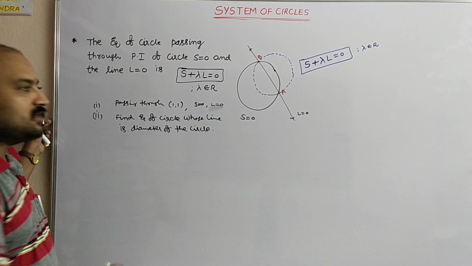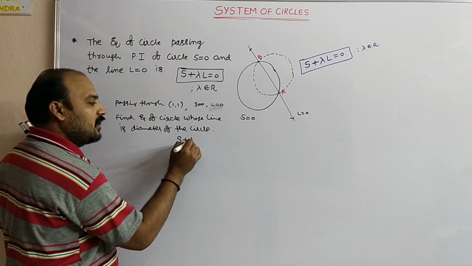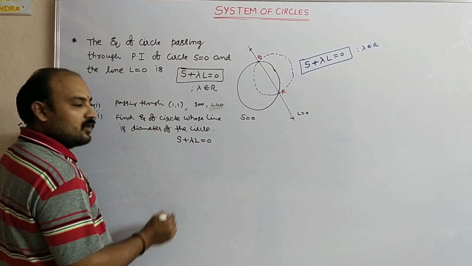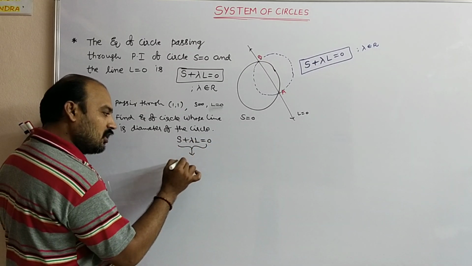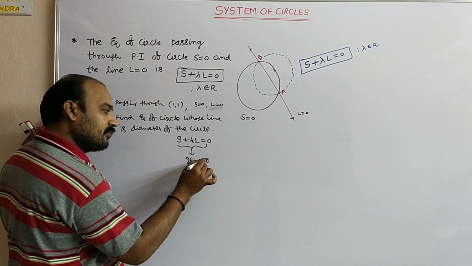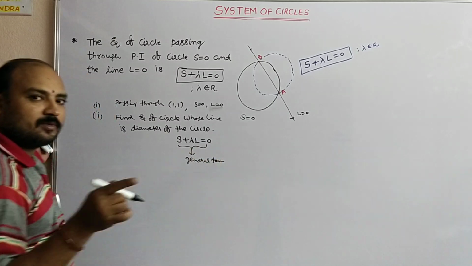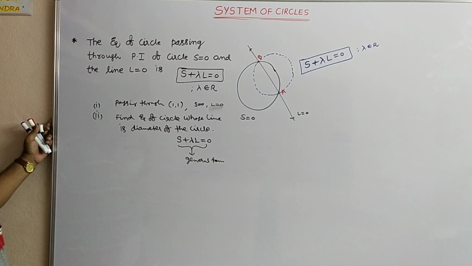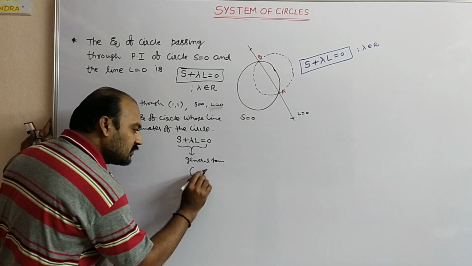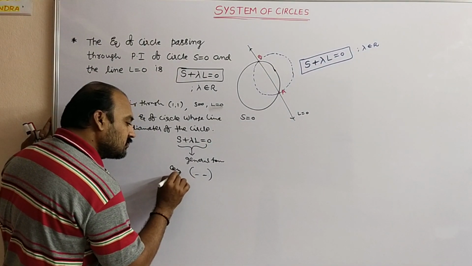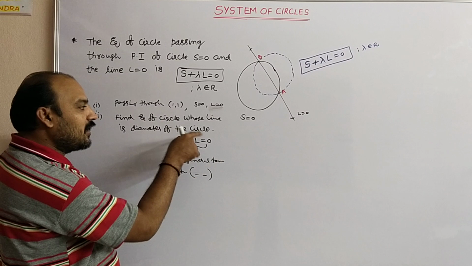So that time how to do is, first you have to apply S plus lambda L equal to 0. This equation, make it into general form. General form means x square plus y square plus 2gx plus 2fy plus c equal to 0. Find the center. This center lies on the line L is equal to 0.